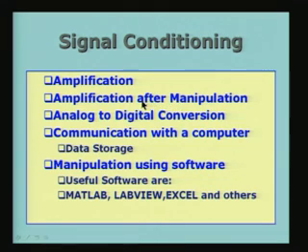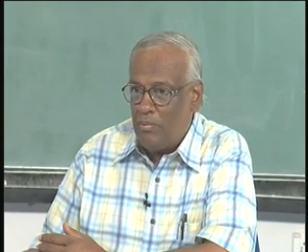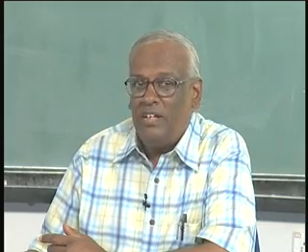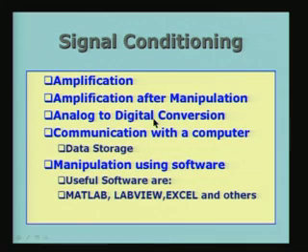For example, we may subtract some particular factor out and then amplify it and so on. Invariably, in modern practice we have a conversion of analog signal to digital signal, because most computers and most display units nowadays will use digital form of signal. So, analog to digital conversion is an important part of this signal conditioning.